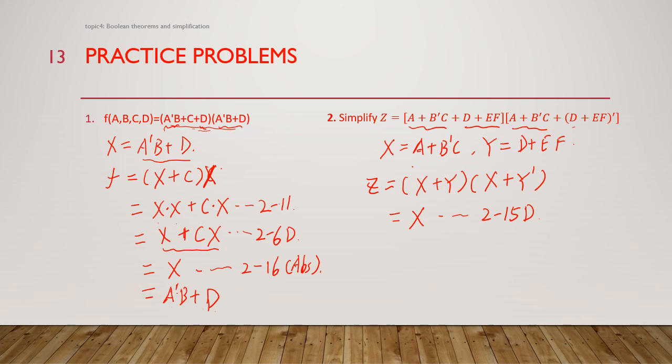That's the dual form of the uniting theorem. And X equals A or B prime C. Okay, so you need to practice a little bit more to learn how to use those theorems. But basically, it's not that hard.